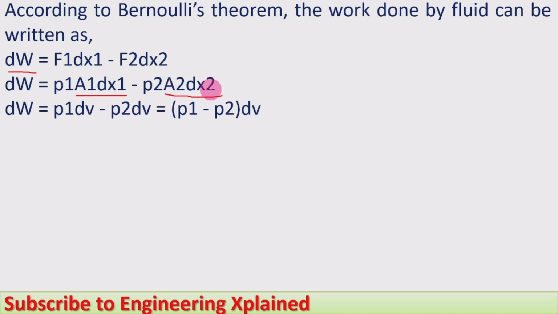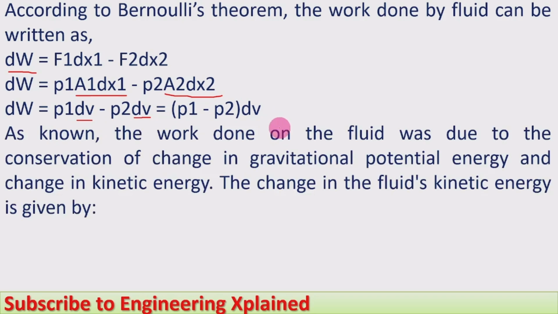Here A1 dx1 is the small volume dV of the fluid, and A2 dx2, the cross-sectional area multiplied by distance, again gives dV. Taking dV common, dW equals (P1 minus P2) dV. As known, the work done on the fluid is due to the change in gravitational potential energy and the change in kinetic energy.